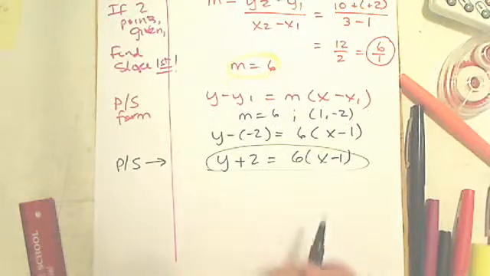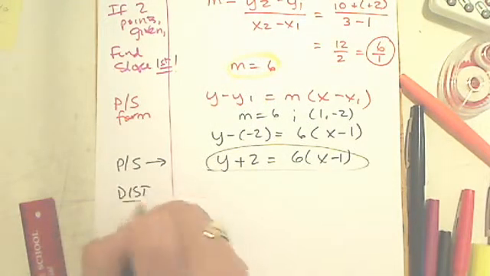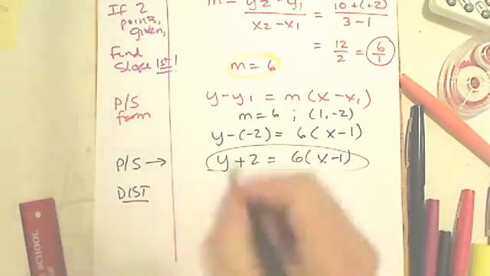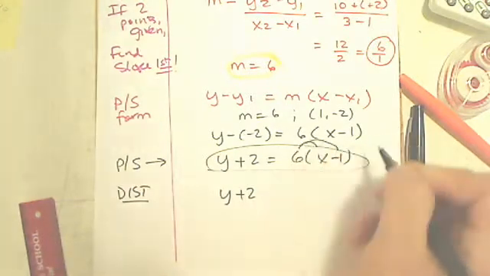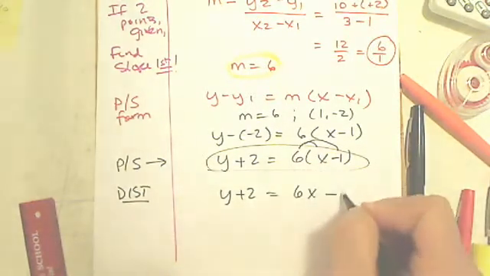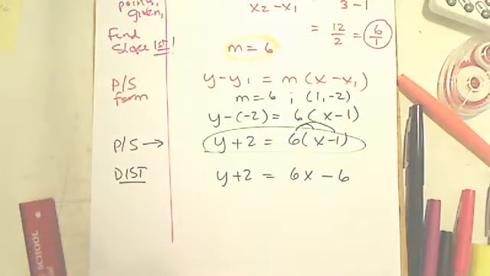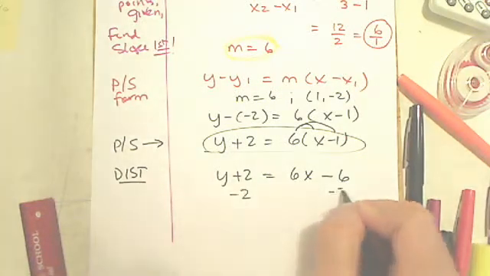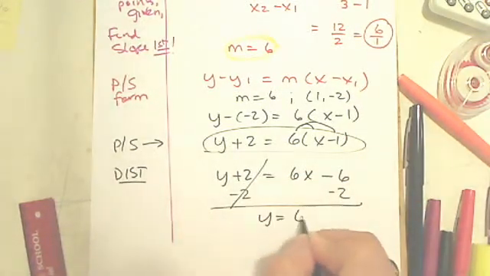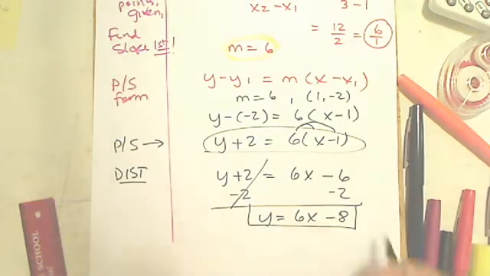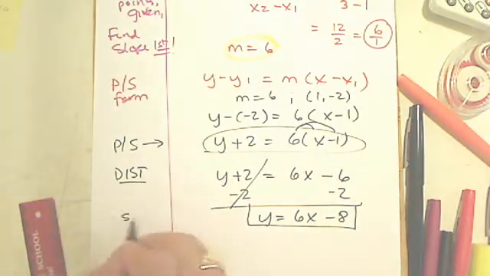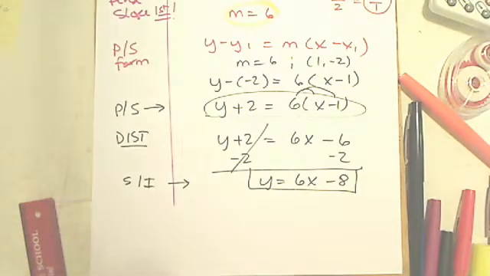Then Toby, what do I do next? Distribution. Y plus 2 equals 6x minus 6. One more step. Subtract 2, which gives me y equals 6x minus 8. There's my equation, slope-intercept form. Find the equation of a line. Go all the way out.